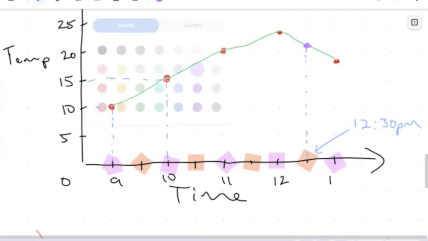And I'm going to trace out where this is going to hit on my y-axis, so on my temperature axis. So I get down here, okay, that's roughly 21 degrees. So I've used my line graph to estimate that it's going to be roughly about 21 degrees Celsius at this time.